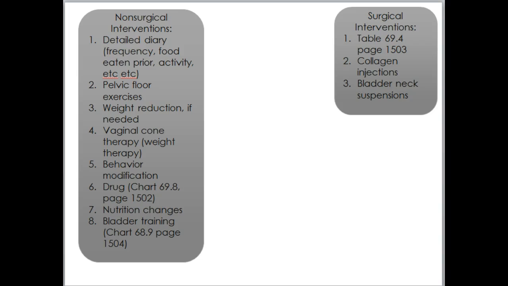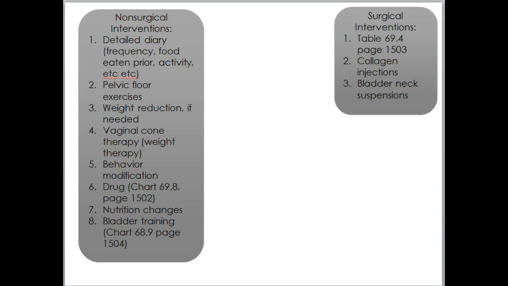The other thing that we want to do, that the book goes over a lot, is bladder training and habit training. And that's on chart 69.9 on page 1504. So bladder training is, you want to tell the patient go every 45 minutes. And then you want to be able to increase their intervals of when they're not going to the restroom.